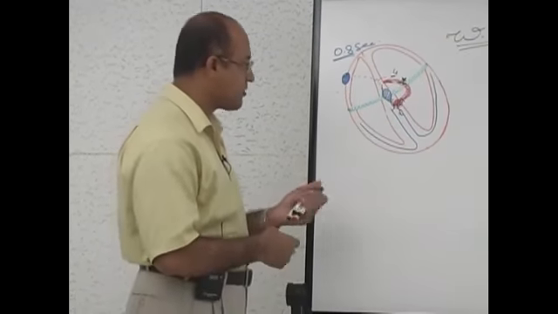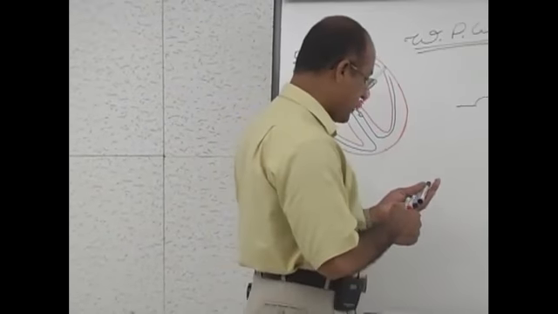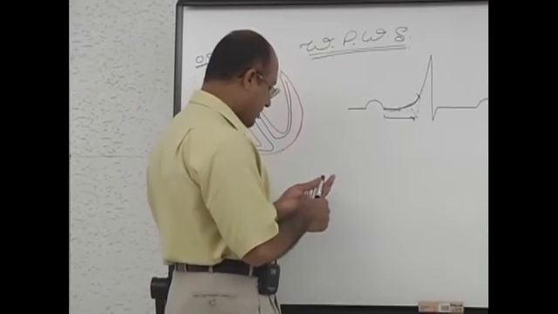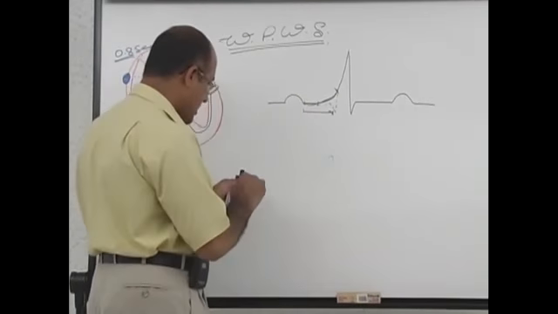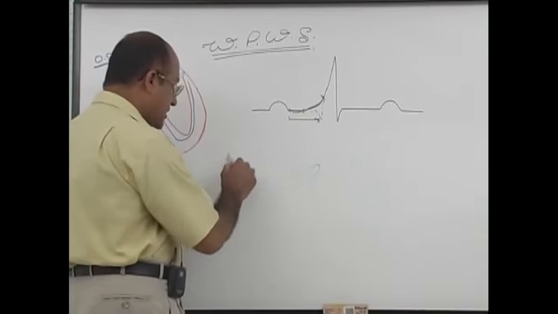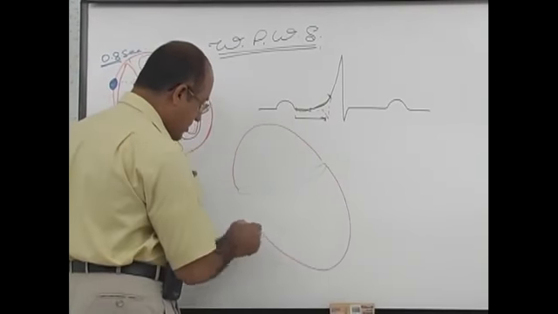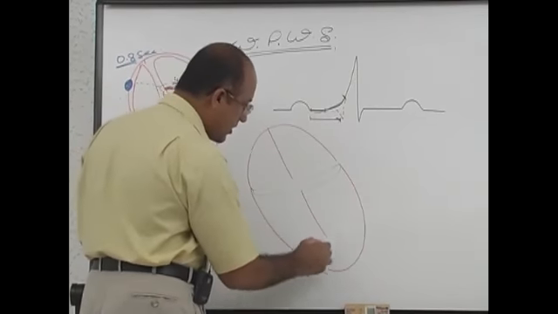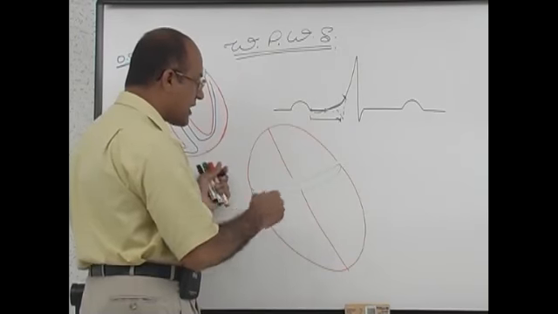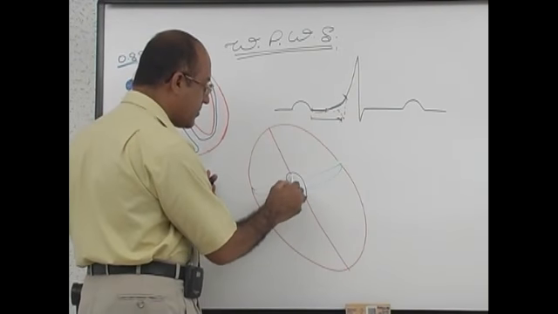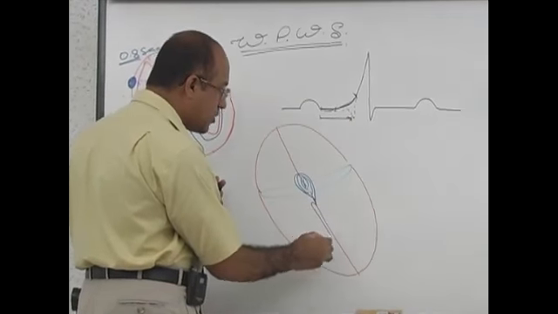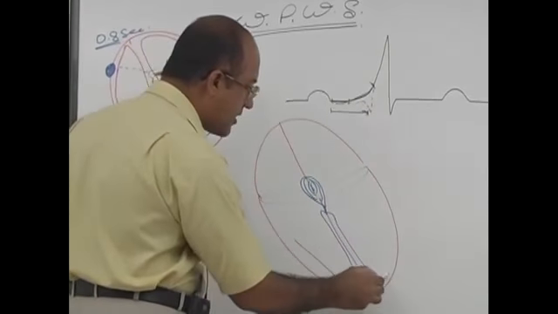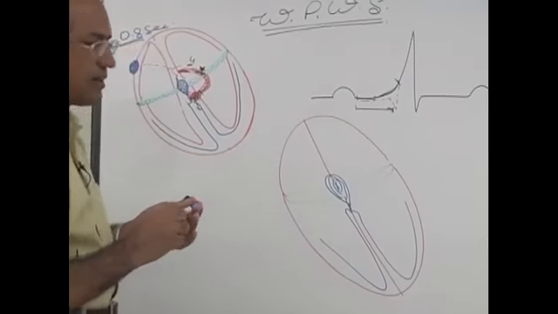One more example I would love to give you, another example of junctional tachycardia. In the second example, what we really see is that there is no bundle of Kent, there is no pathological connection, but within the AV node, listen carefully, within the AV node, two types of pathway are there, right?